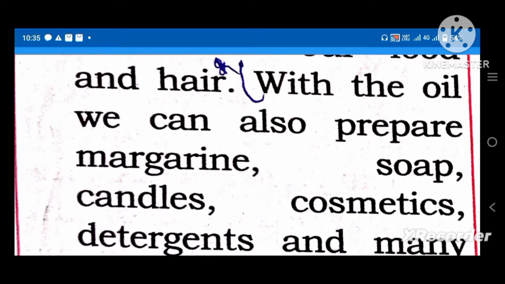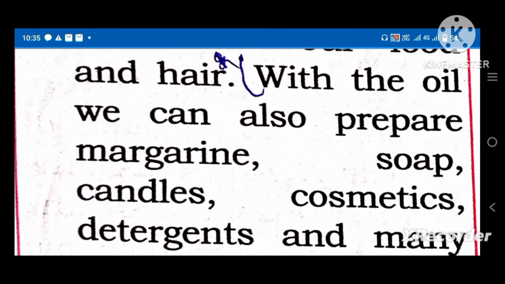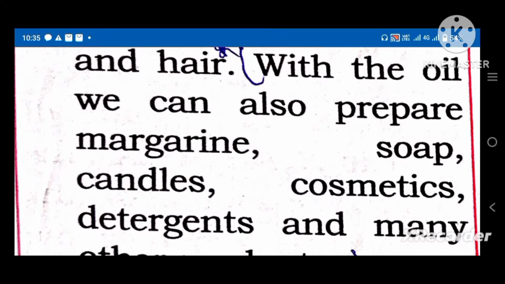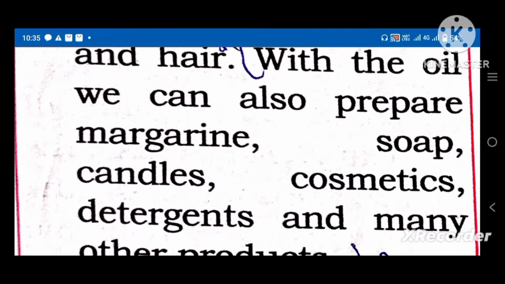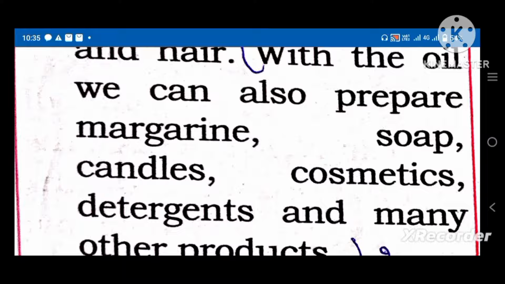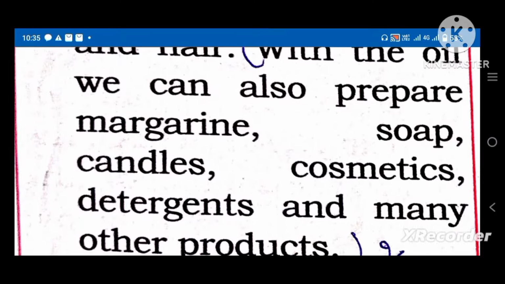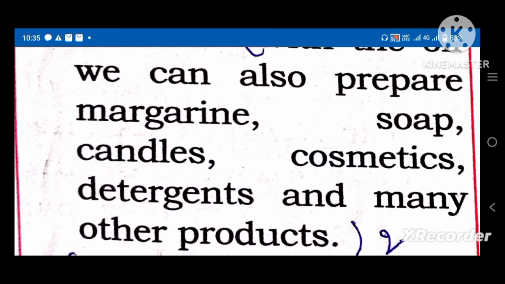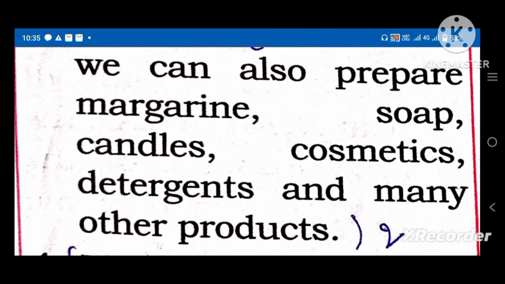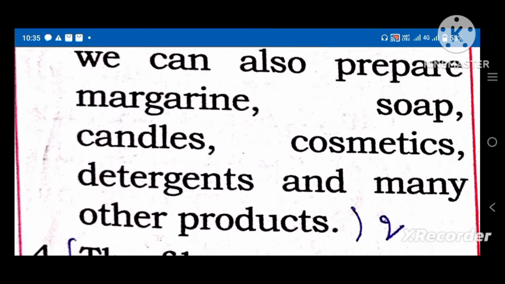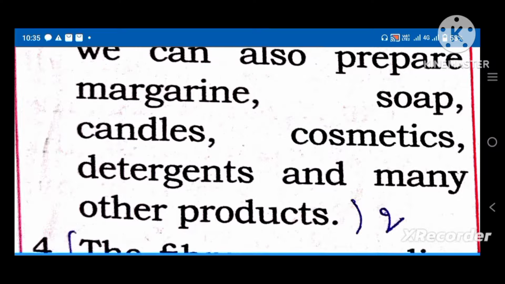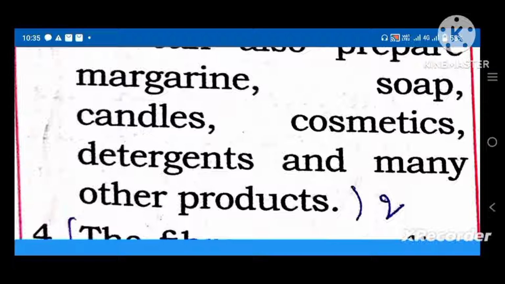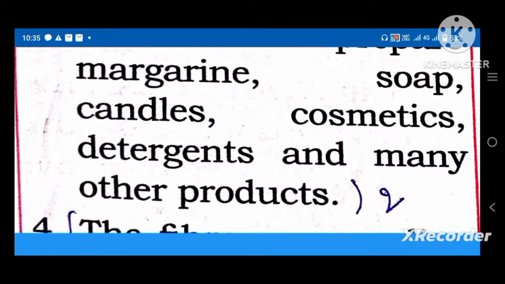With the oil, we can also prepare margarine, soap, candles, cosmetics, detergents, and many other products.